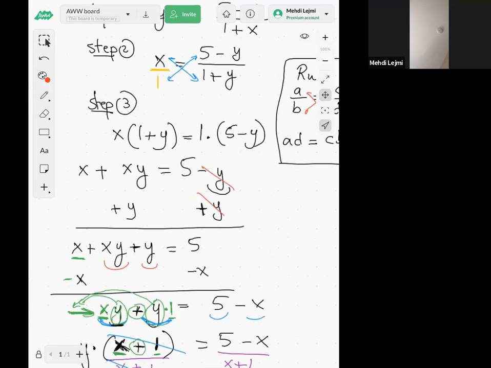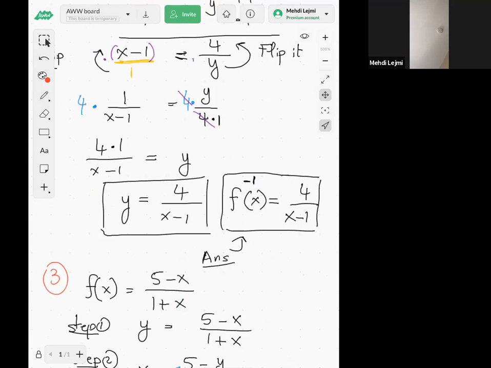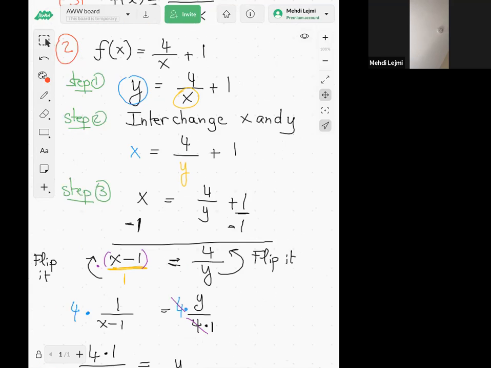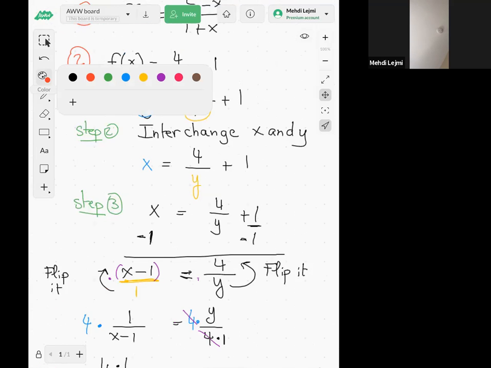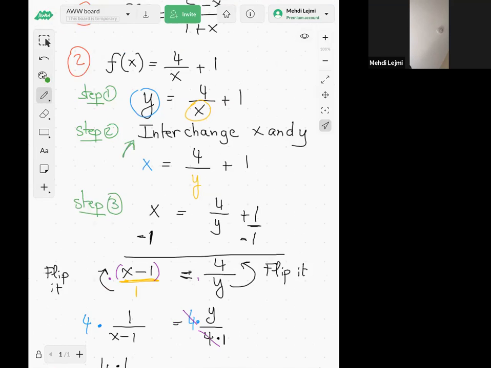In order to be a function, for each input x there's exactly one output.